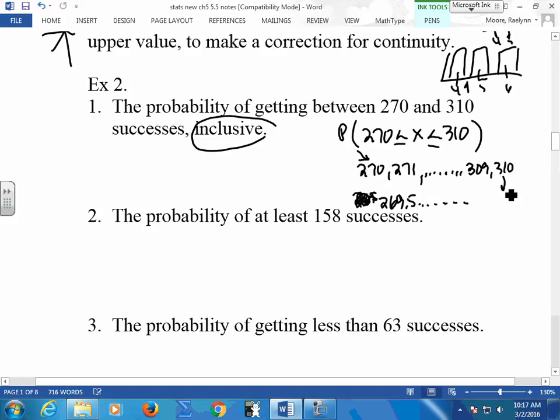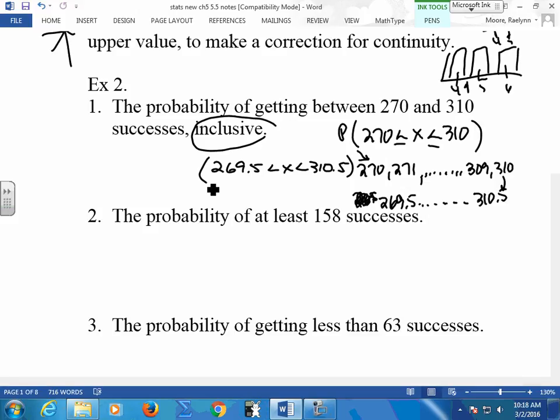If I add 0.5 here, what do I get? 310.5. So now I'm going to go between 269.5 and 310.5. Will I ever find a 269.5? No, but the first one I will hit is 270, isn't it? So I'm good to go there.